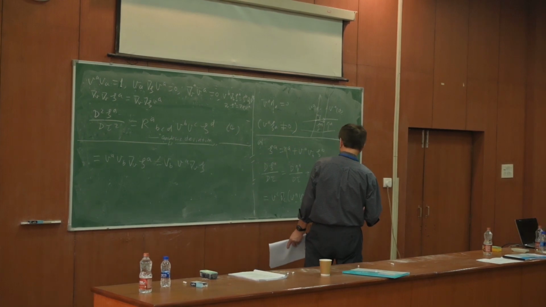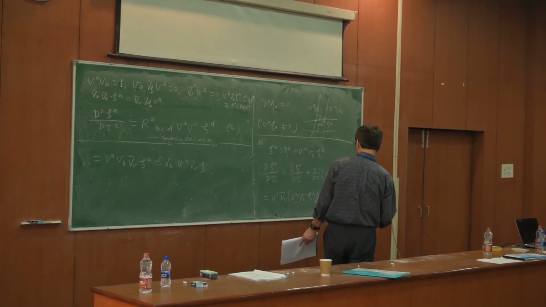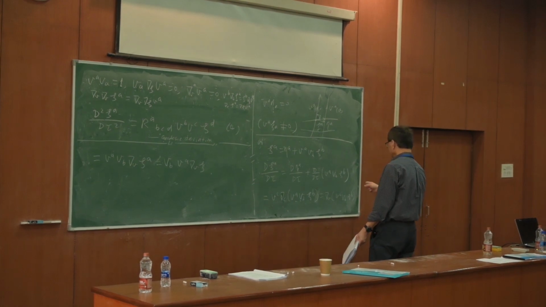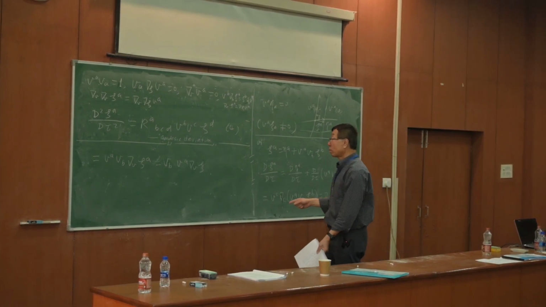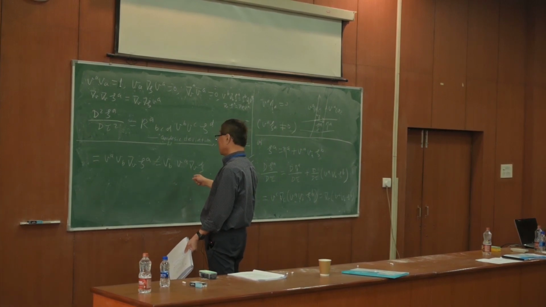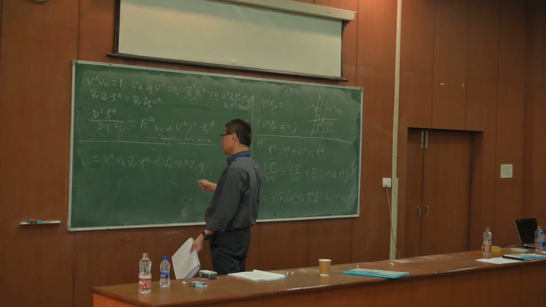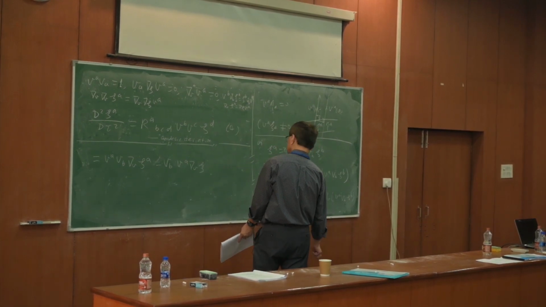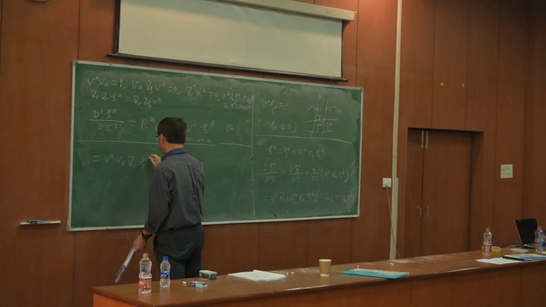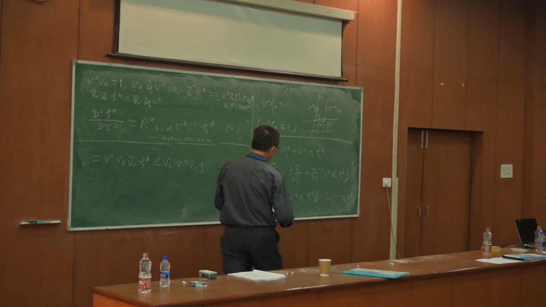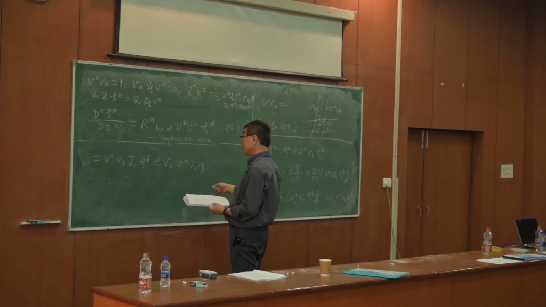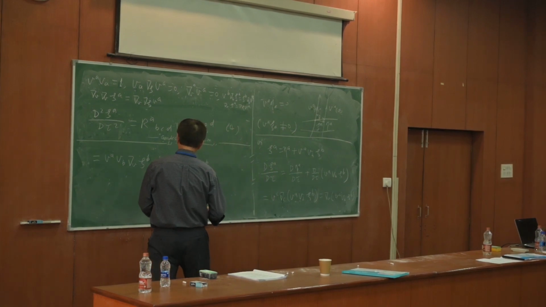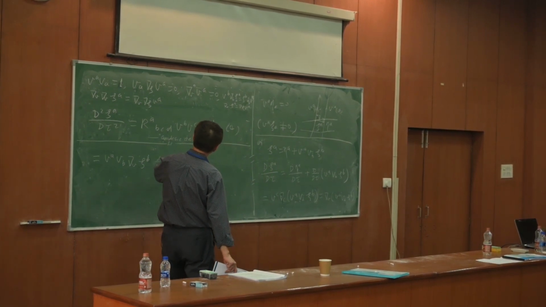Why do I have 2 indices down? This will be P.